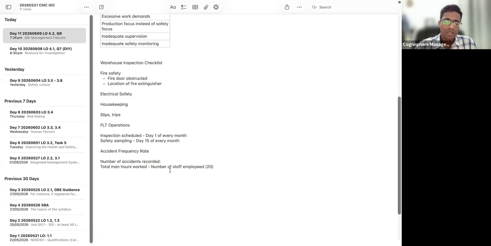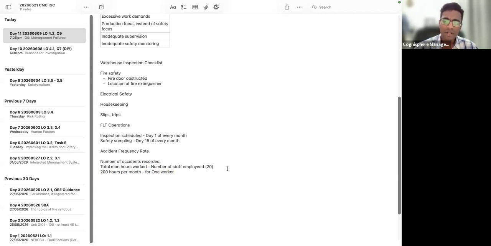Usually every organization calculates based on their working hours per day. For example, if it is 40 hours per week, or sometimes they translate it to 200 hours per month. Assuming 200 hours per month, this is the working hours for one worker.